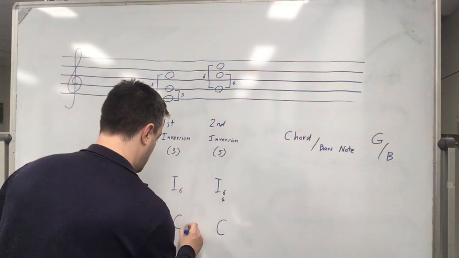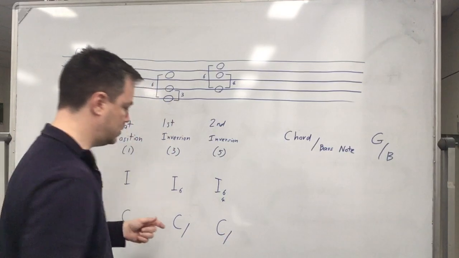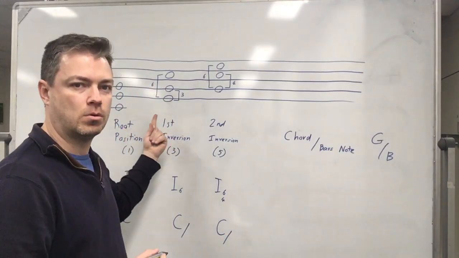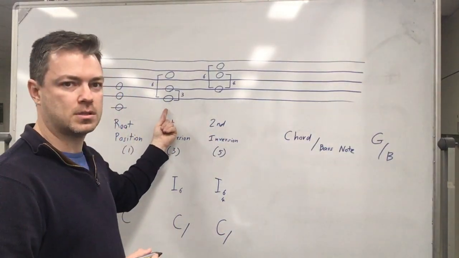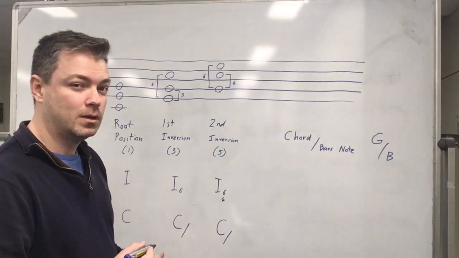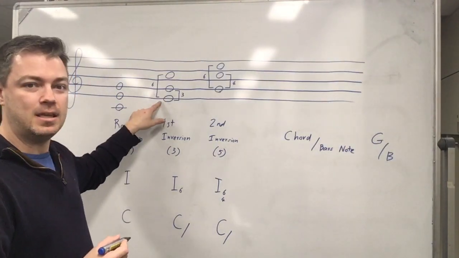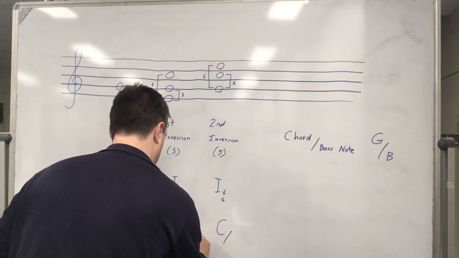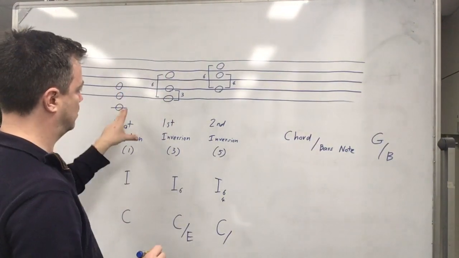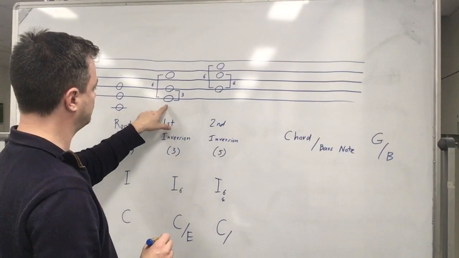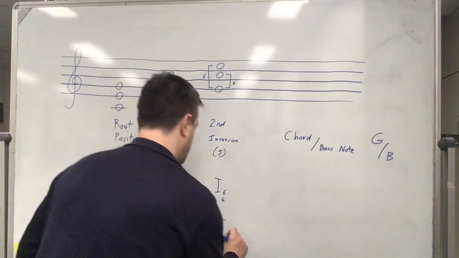So we can put our slash there for both. And what is the note on the bottom of this chord? What do we think it's going to be? C/what? For those playing at home. It's going to be C/E. Okay? Because we have a C chord, but it has an E on the bottom. And this one is going to be C/G.